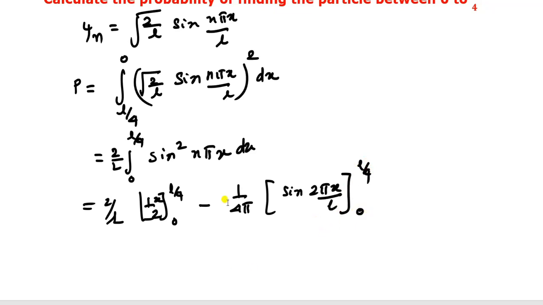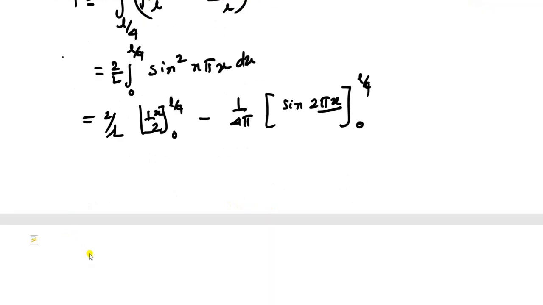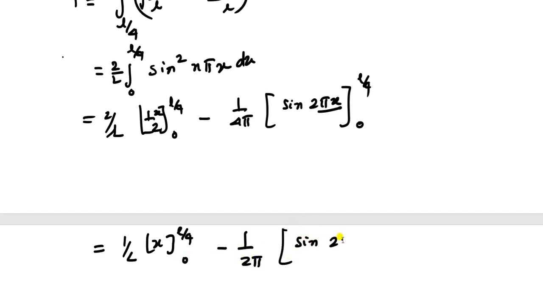So by expanding this integral, you have the result like this. In the next step, it is simplified. This is equal to 1 by L, x from L by 4 to 0, minus 1 by 2 pi sine 2 pi x, from L by 4 to 0.